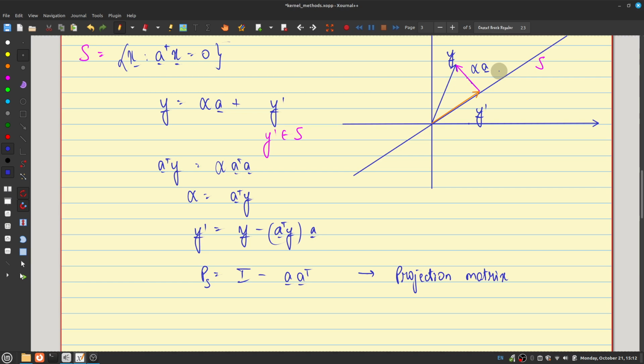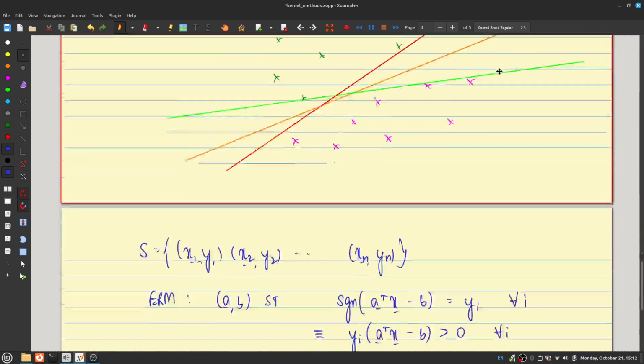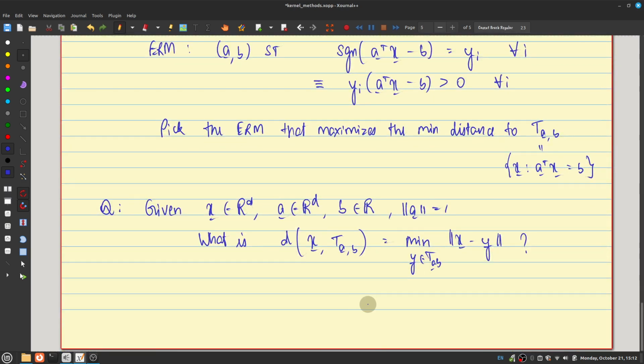But how much should the shift be? B is a real number. It turns out that it is equal to the modulus of A transpose Y minus B.